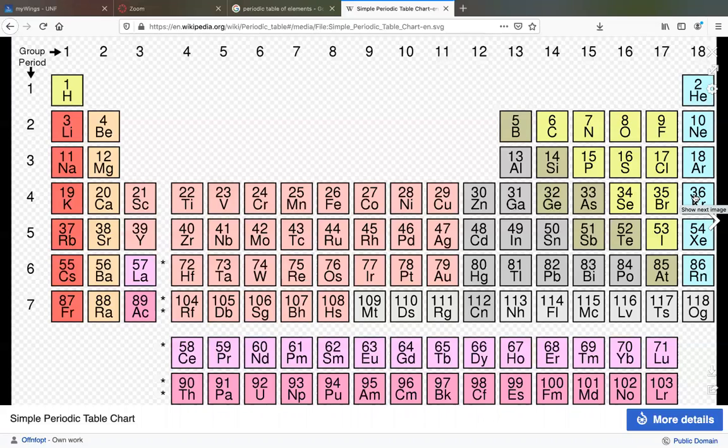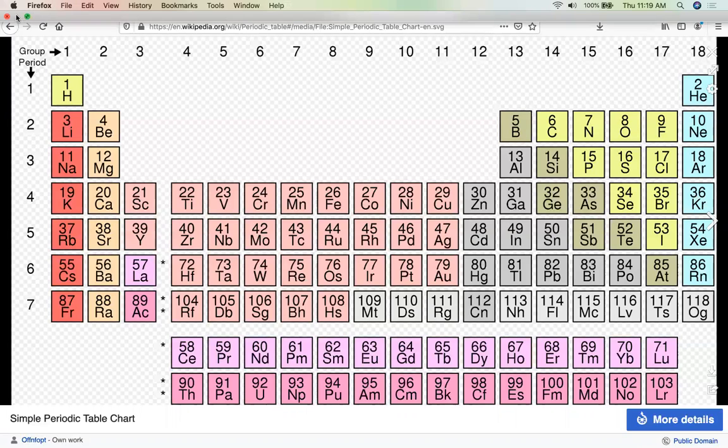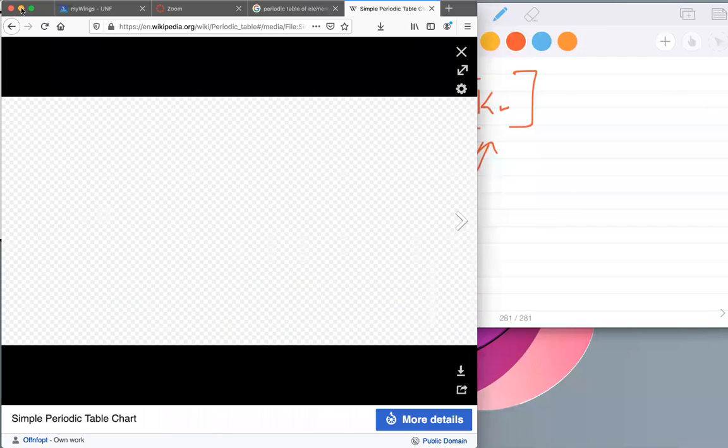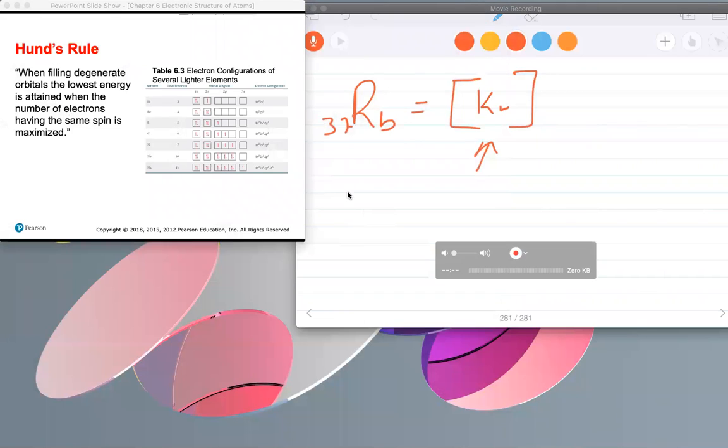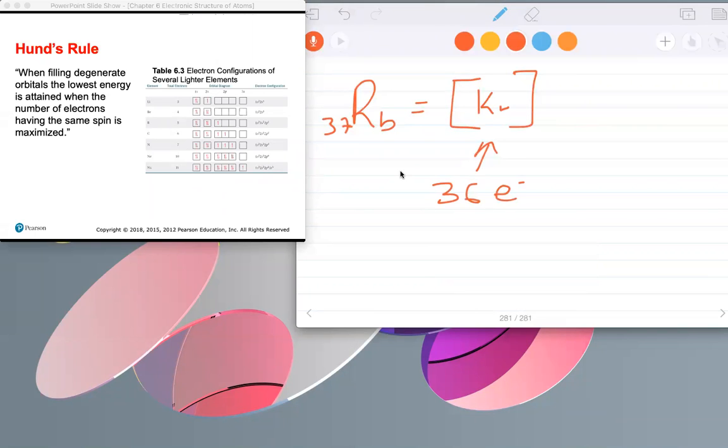Let me show you. I'm writing the electron configuration for rubidium, Rb, number 37. For the shorthand, I'm going to put krypton in parentheses. This has 36 electrons right there.